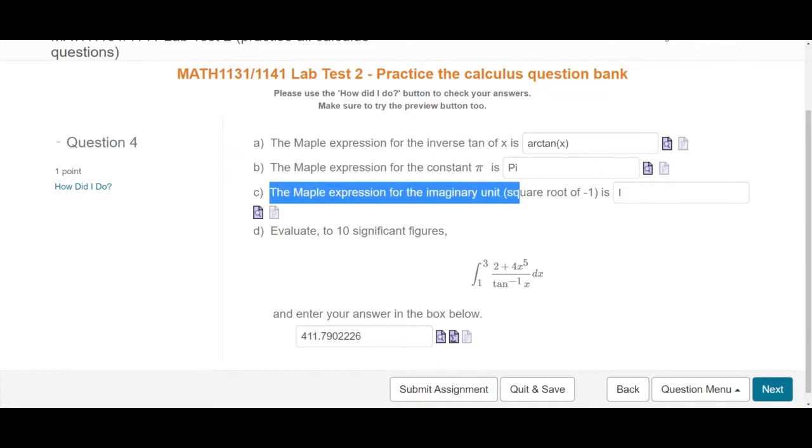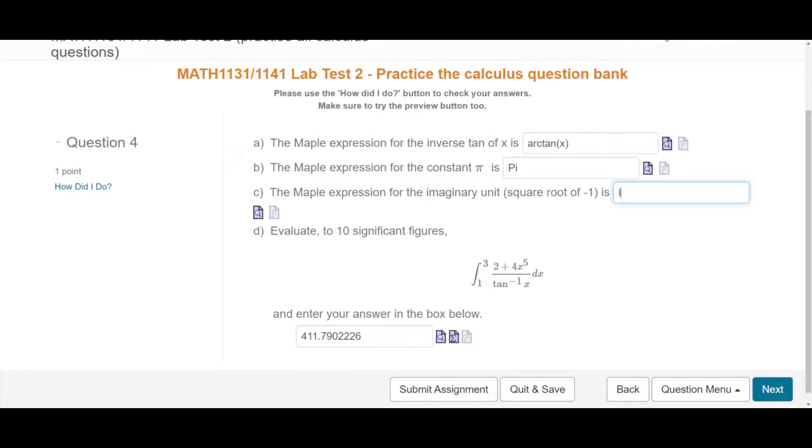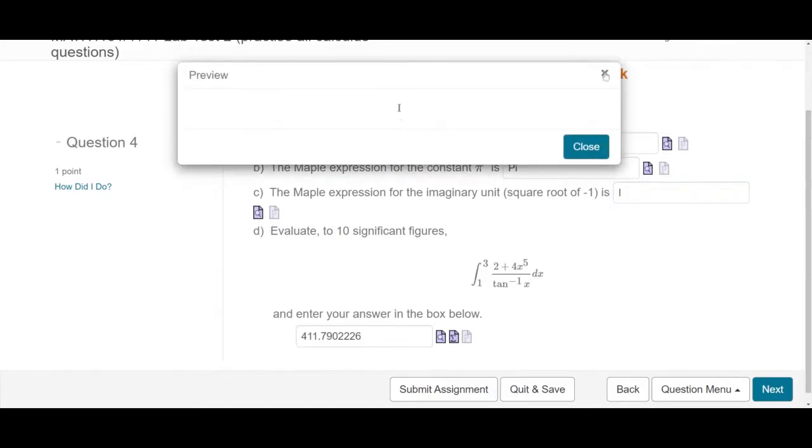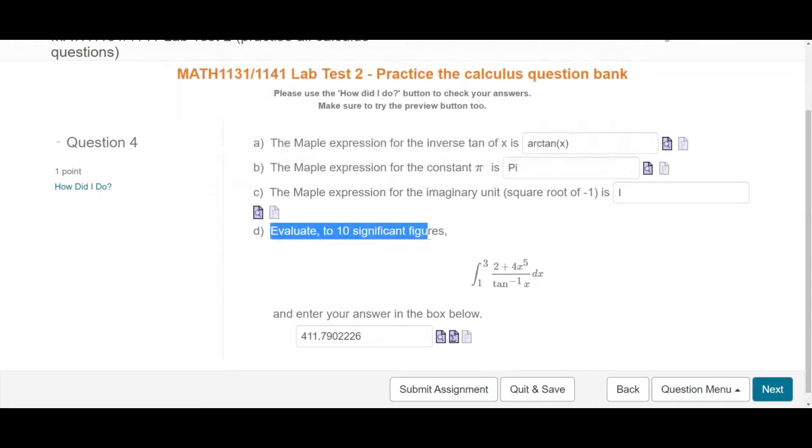The Maple expression for the imaginary unit is I. Okay, let's have a look at that one. I, not L, I. Evaluate to 10 significant figures this integral here. So you already know what this is going to be in Maple. You just need to type it in. So let's have a look at the Maple window.